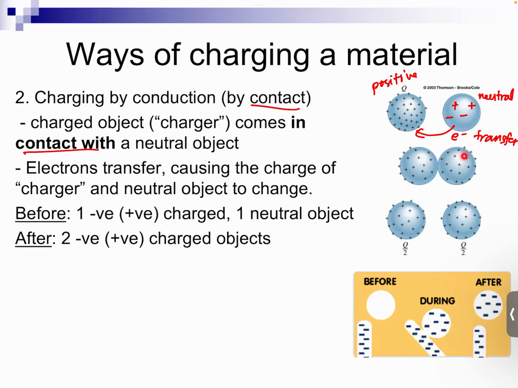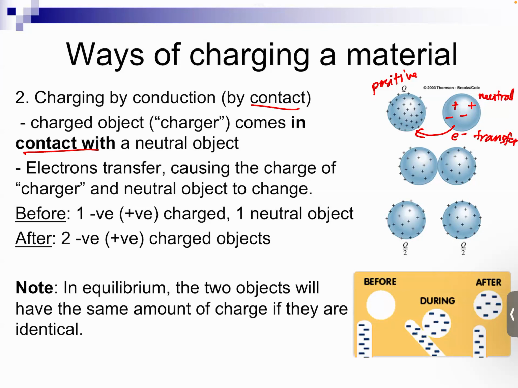But because the neutral object lost electrons, it ended up being positively charged. It had more protons in the end compared to electrons. Okay, does that make sense?